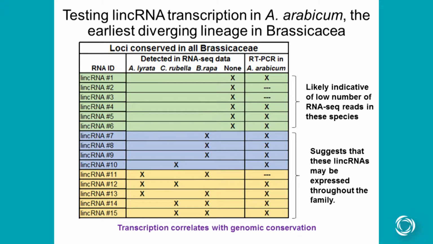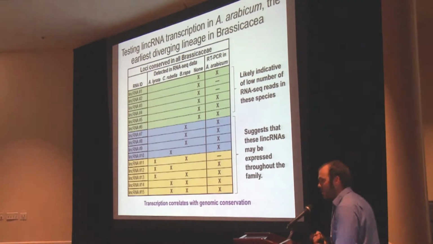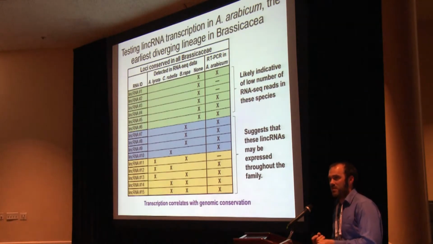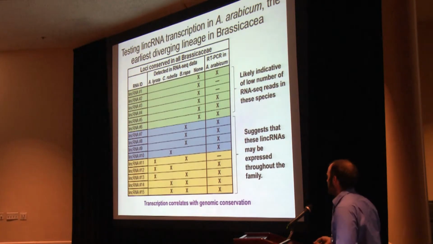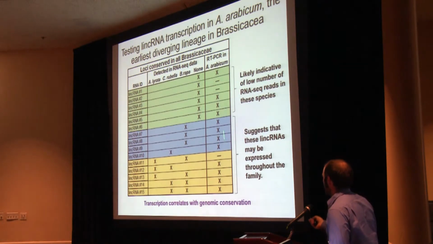The answer is yes: 12 out of the 15 loci that we predict to be conserved lncRNAs are transcribed in Aethionema. So ultimately, we can say that if a lncRNA is transcribed in Arabidopsis and it's conserved throughout the family, then there's a really good chance that it's going to be expressed in the earliest diverging lineage.